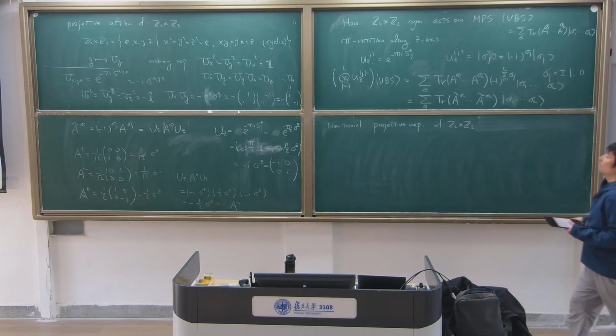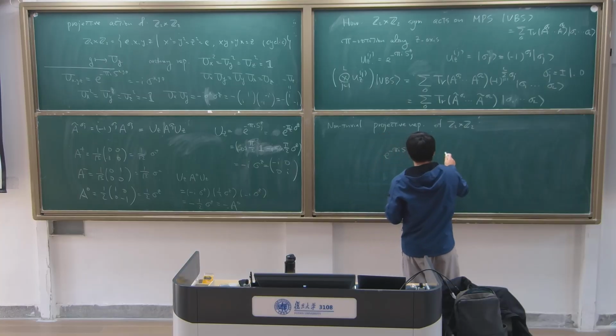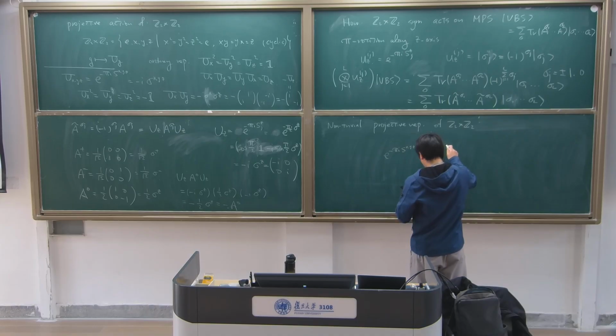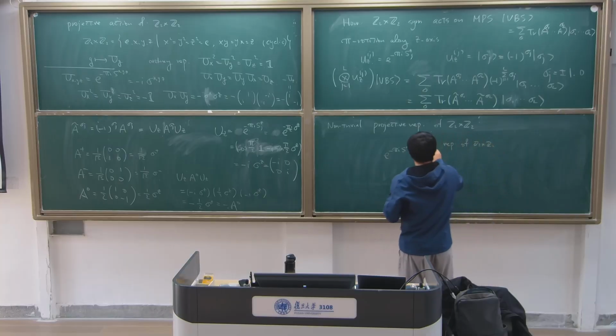Therefore, if you put e to the 2 pi i, e to the minus pi i over 2 sigma x, y, z, it becomes a usual representation of C2 plus C2, for integer.